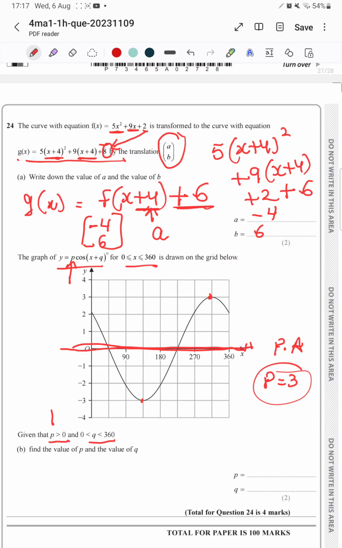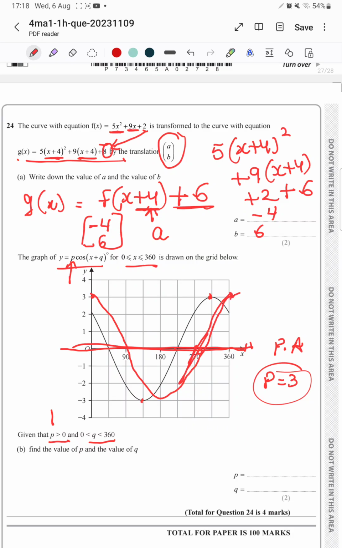Now normally if I draw one curve for the cos graph, it normally starts like this. It will start from the top value, then it will go down this way, and then it goes this way, and then it goes like this.